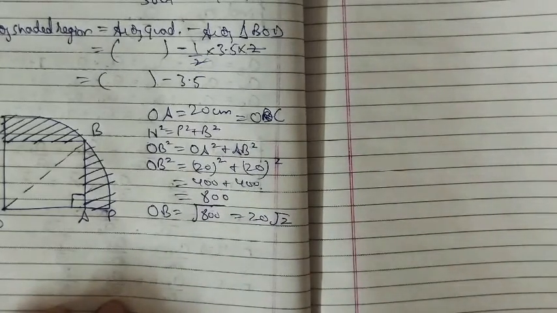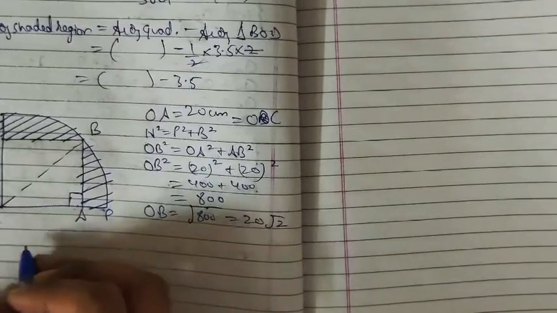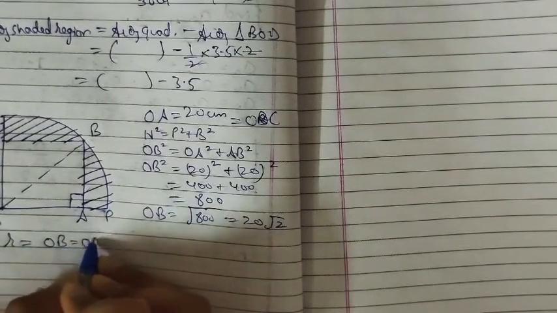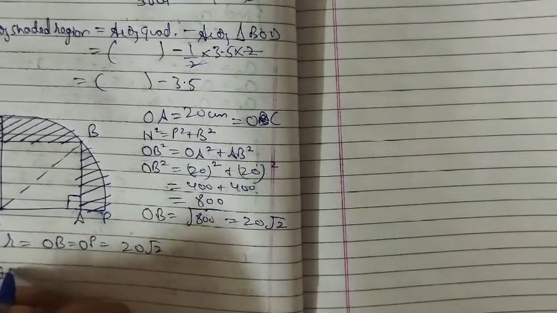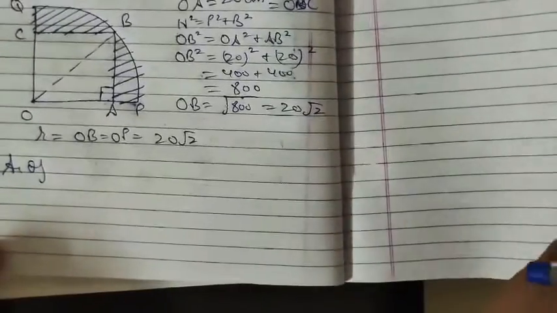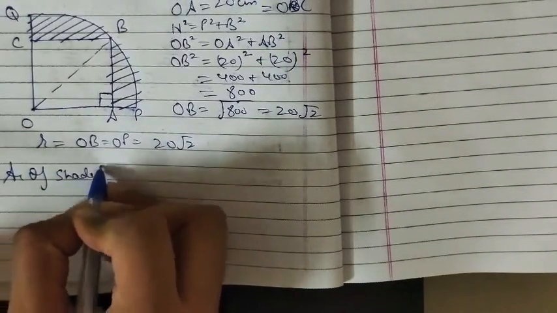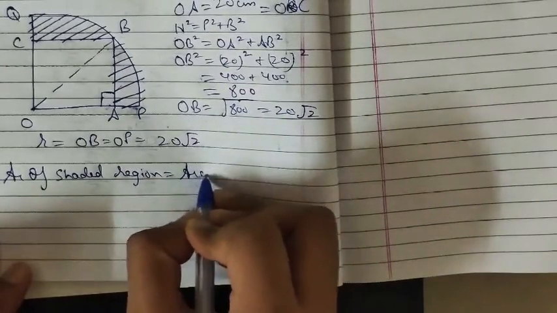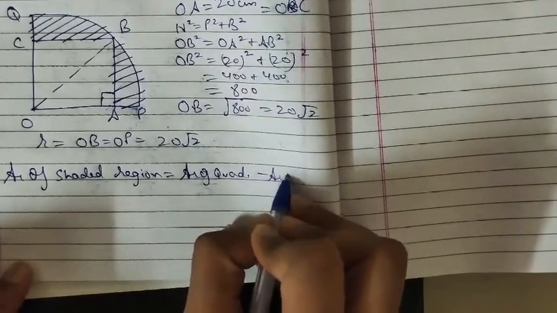2 to 4, 4 to 8. 20 root 2, so OB is 20 root 2. Now the radius of the circle is equal to OB is equal to OP is equal to 20 root 2. Now area of shaded region is equal to area of quadrant minus area of square.